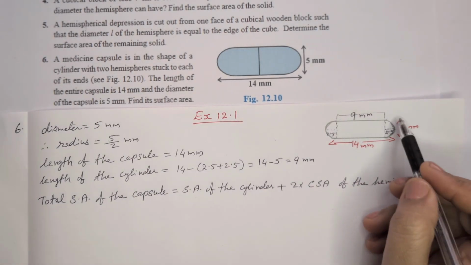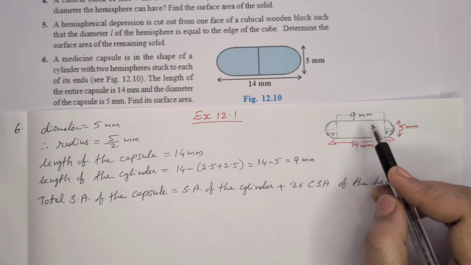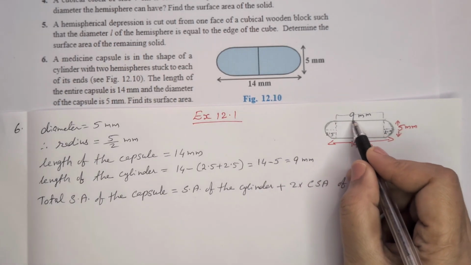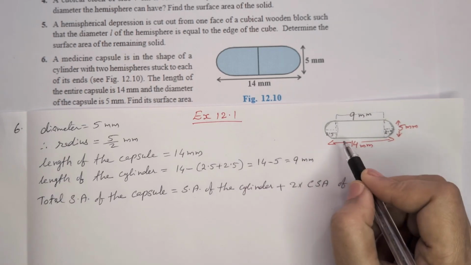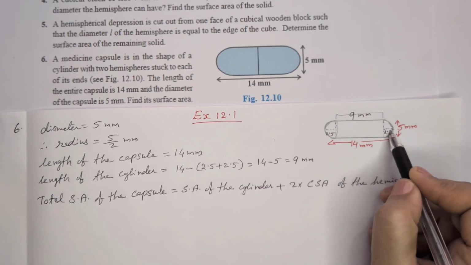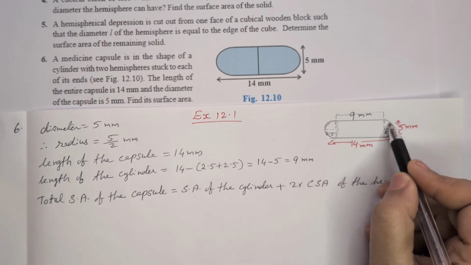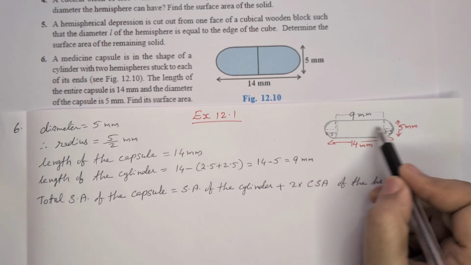Now its surface area. Total surface area of this capsule is equal to surface area of the cylindrical part plus two hemispheres. One is here, the other one is here. So curved surface area of the hemisphere into 2.